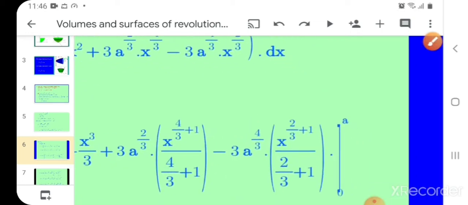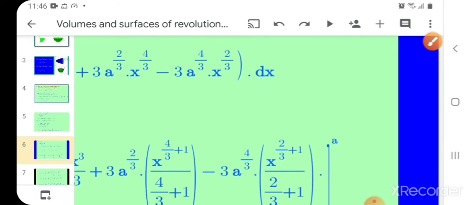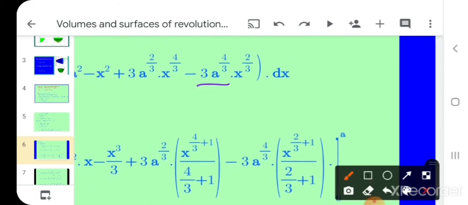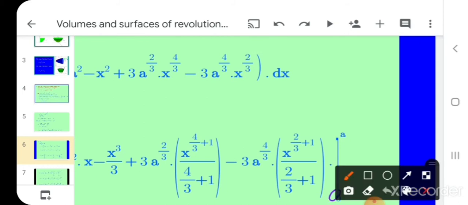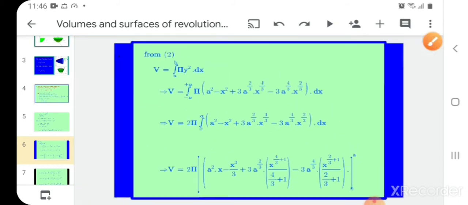Next, what do we have? Minus 3a power 4 by 3 is the constant. Again, x power 2 by 3 integration is x power 2 by 3 plus 1 by 2 by 3 plus 1. What we have in the power, we write the same term in the denominator. And the limit values are 0 comma a. So I write it in brackets.